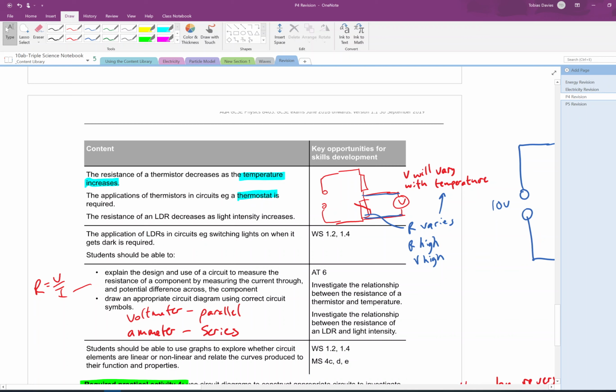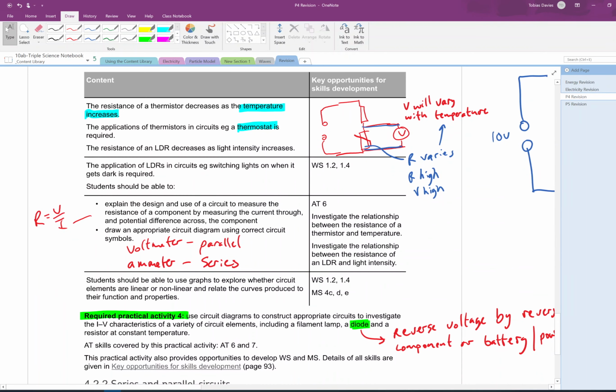So you could keep a constant voltage and change the light intensity and the current will change. Or if it's for the thermistor, you could change the temperature and the current will change. And then your values of voltage and current can lead you to a resistance, again by using V equals IR.